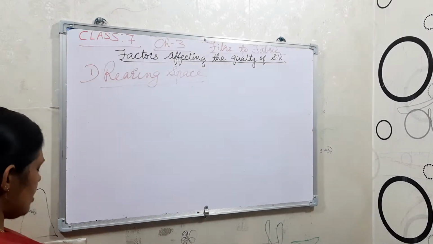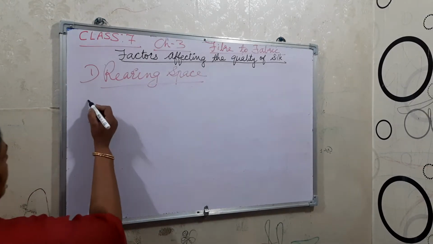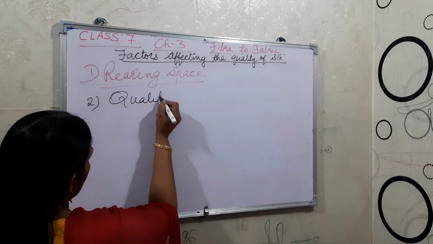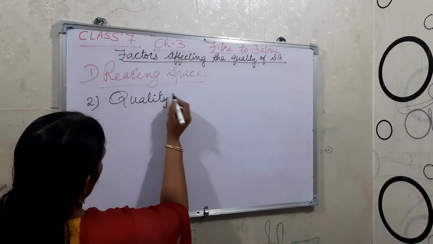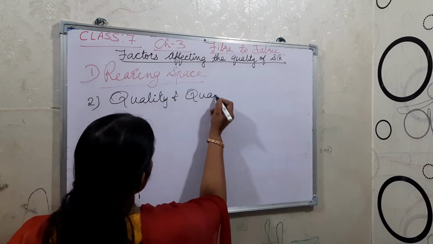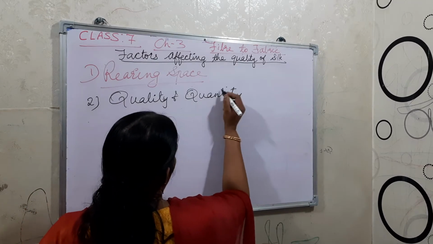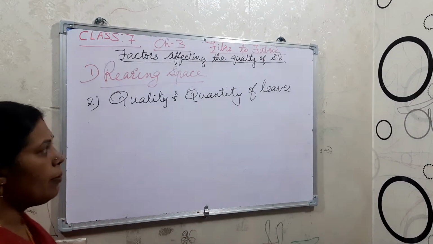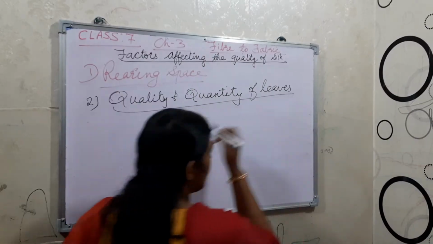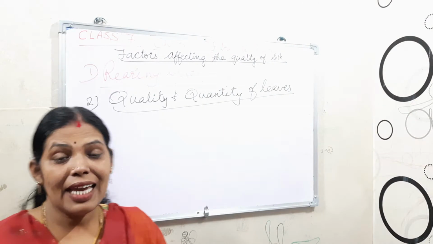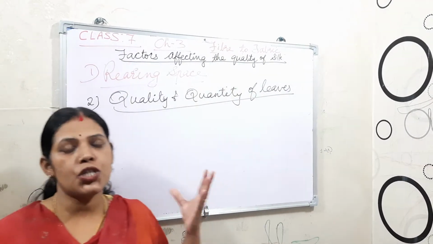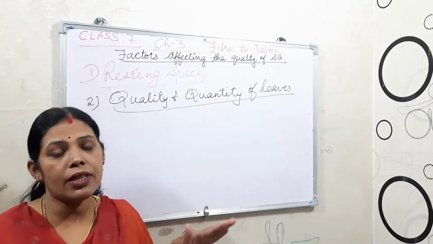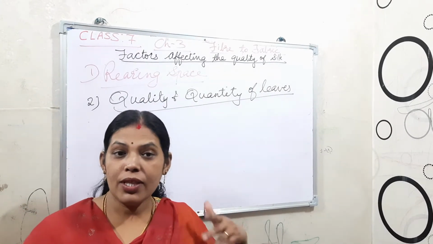Then the second one is the quality and quantity of the leaves given to them. Like small children, when growing, if they are fed properly with healthy food, they grow properly without any disease.